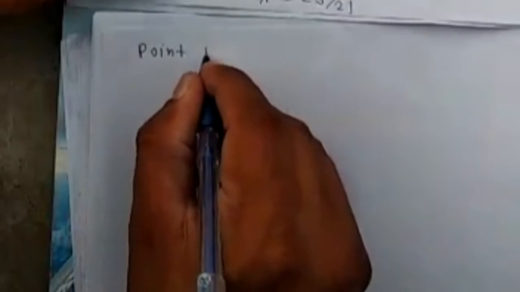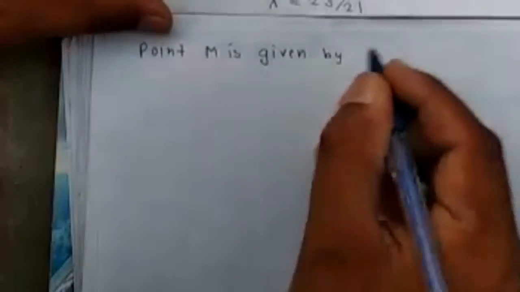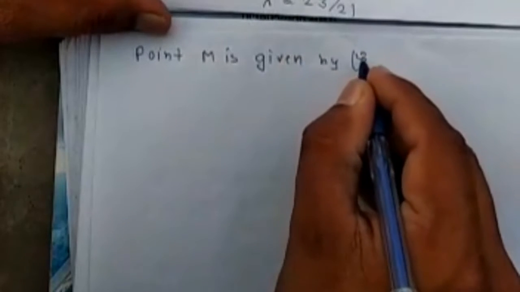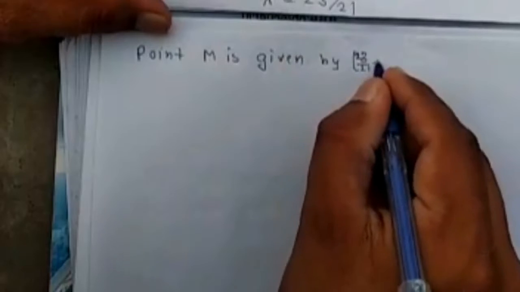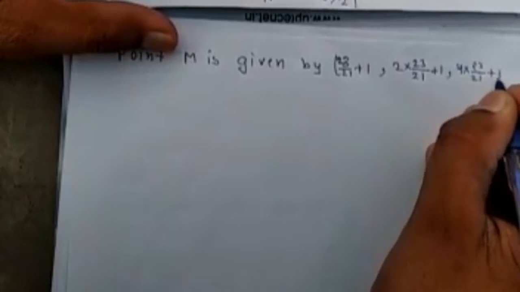Then point M is given by (lambda plus 1, 2 lambda plus 2, 4 lambda plus 3).